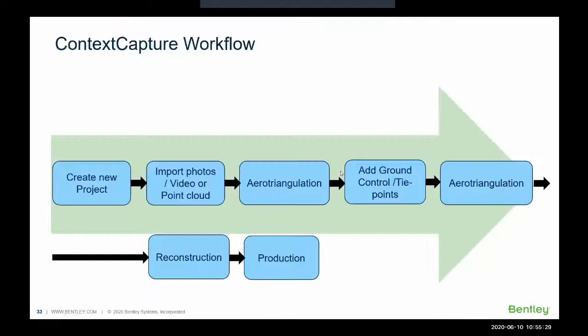If you have things like ground control points or merging data sets together, then the workflow is, for example, you run aerial triangulation, then you import the ground control points, run a new aerial triangulation, and maybe add tie points, merge data sets, and then go to reconstruction and production. Quite often we have to run multiple aerial triangulations to get a data set together. So it's not in one go. What I'm going to show is a really simple drone data set, but quite often they are really complex.